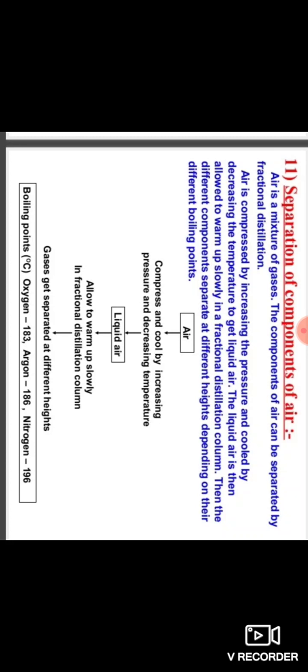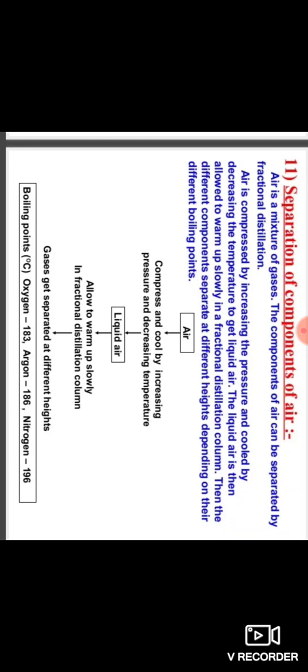Air is compressed by increasing the pressure and cooled by decreasing the temperature to get liquid air. The liquid air is then allowed to warm up slowly in a fractional distillation column.